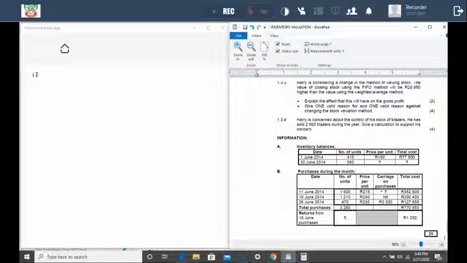So, what do I do? I come here on the 11th of June. I spend 352, so my total cost was 352,600. But now I bought 1,600 units times 215. What was my actual price, that money I spent before carriage?